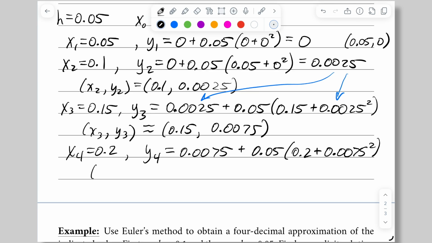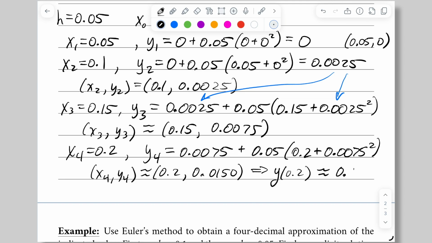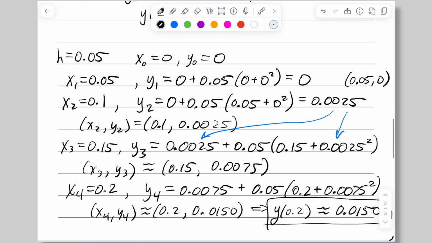Doing the math on that gives us that x sub 4, y sub 4 is approximately 0.2, comma 0.0150, which then gives us that y of 0.2 is approximately 0.0150. That's the approximation that we were after.